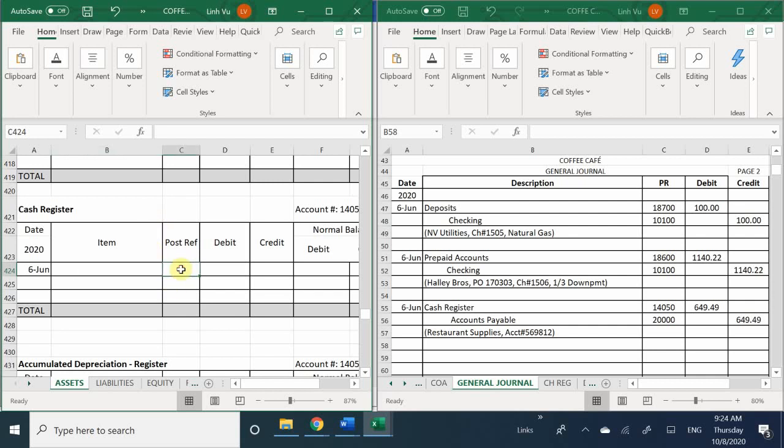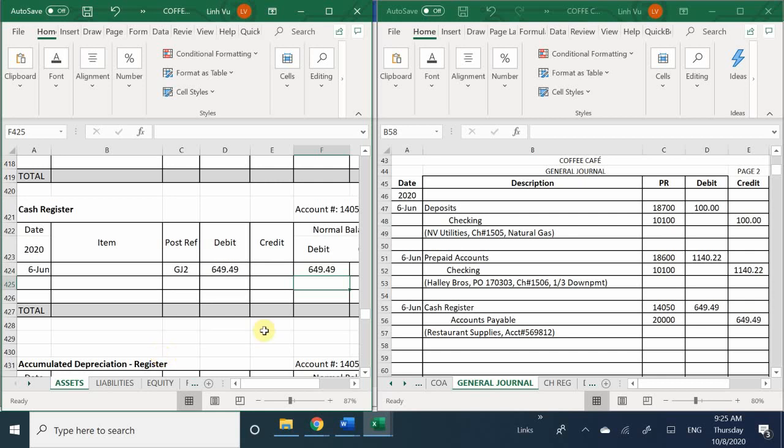Post reference is going to be General Journal number 2. All right. And I increased my assets by $649.49, which should give me a debit balance of $649.49. Okay. So boom, there you go.